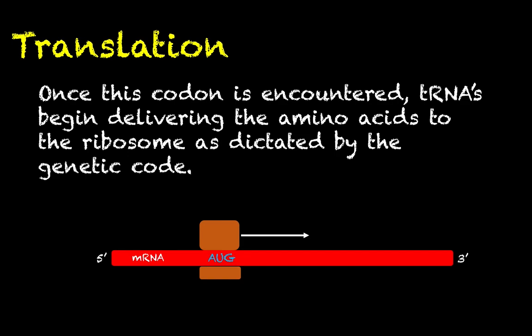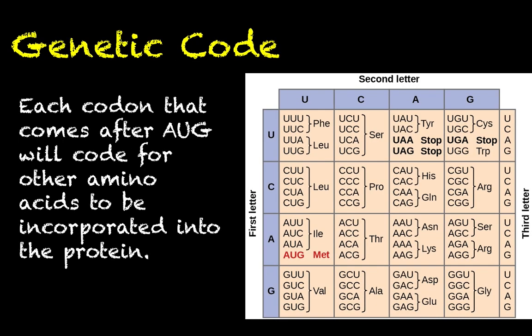So once this start codon is encountered, transfer RNAs are going to begin delivering particular amino acids to the ribosome, and which amino acids they are bringing in is, of course, dictated by the genetic code. So you can actually see the genetic code here on the right side of the screen.